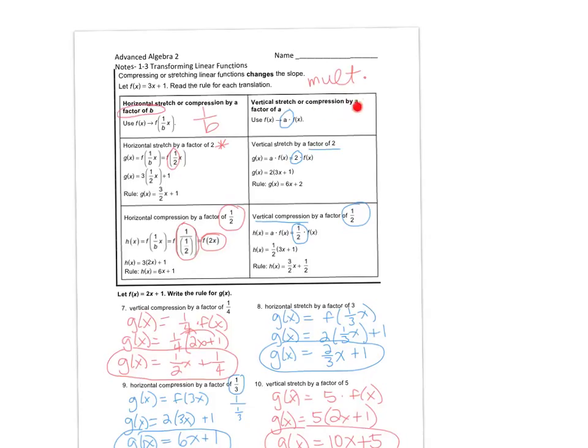Vertical on both, you are plugging in the actual value. So on vertical stretch or compression, you're multiplying the function by the factor. On part 1 of the video, on vertical translation, you're adding or subtracting because remember, you're moving vertically along the y-axis. Okay, any questions we will discuss later in class.